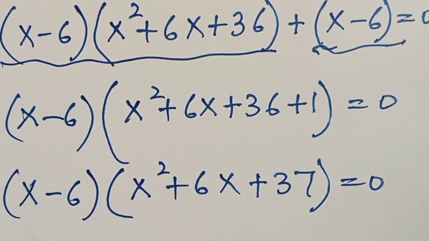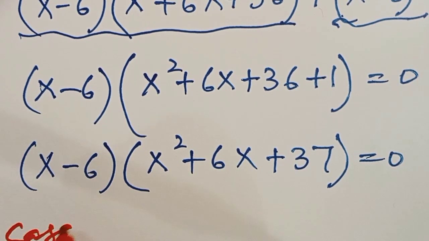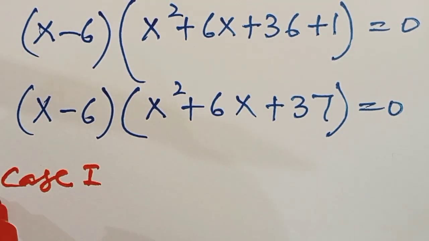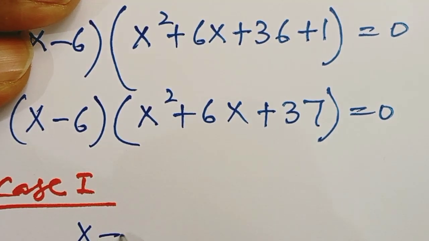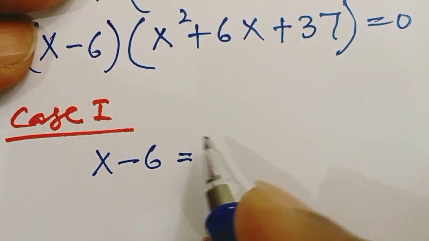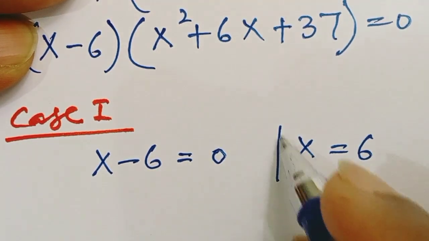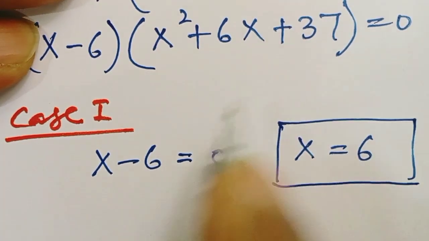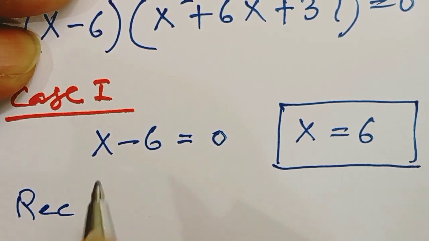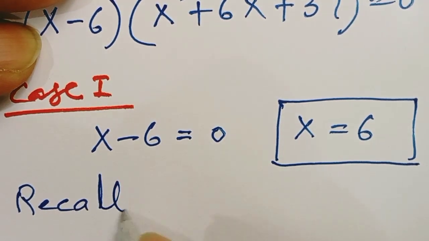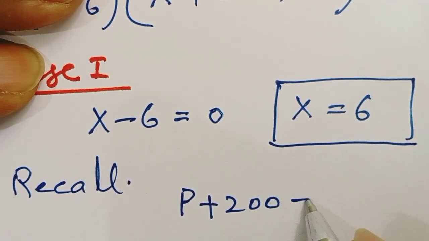Here there are two cases. Case 1, x minus 6 is equal to 0 and x is equal to 6. This is the value of x. Recall p plus 200 is equal to x.